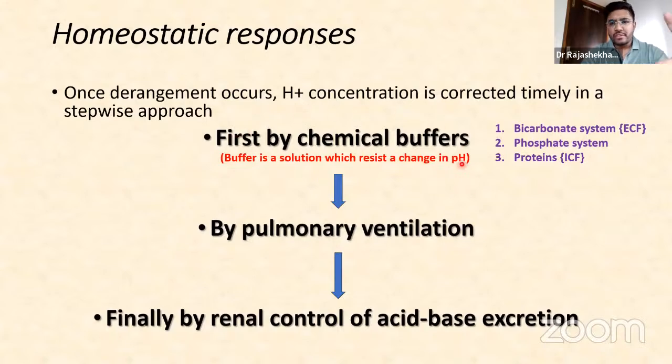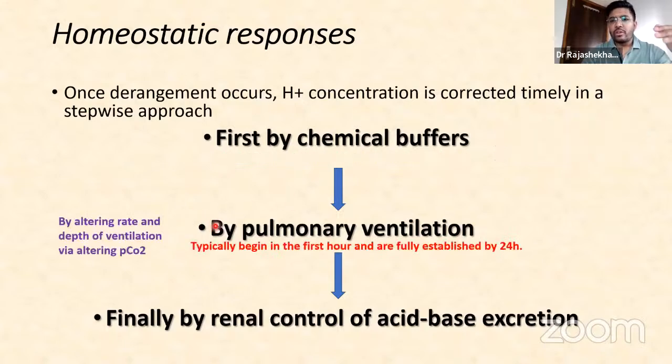If this response is not sufficient to have a good balance, then the pulmonary system comes into the picture. Your lungs start to act to balance things. It typically begins in the first hour and is fully established by 24 hours.